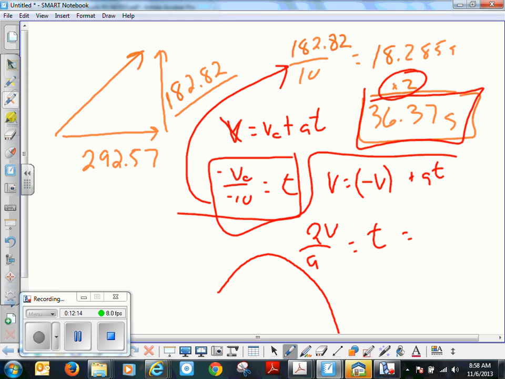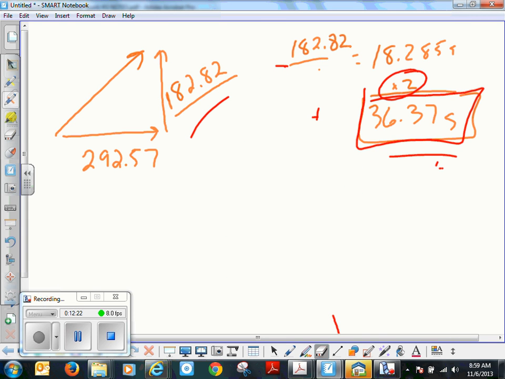Okay, so with that said, we figured out our time to be around 36.37 seconds. So now we know that, our x equals average velocity times time. And if this is the final velocity with no acceleration, or the initial velocity with no acceleration, that is the average velocity.